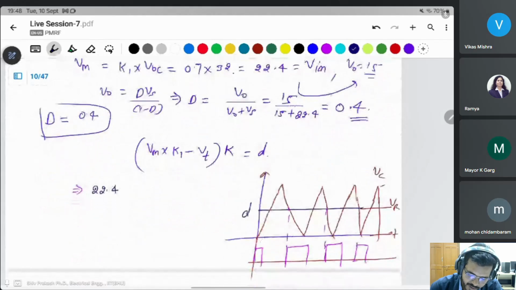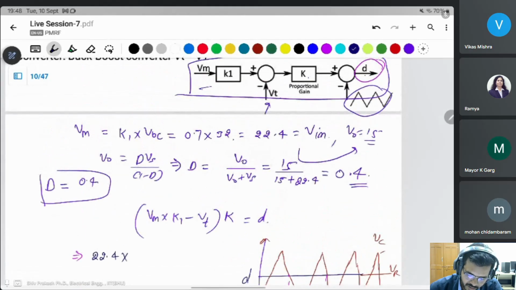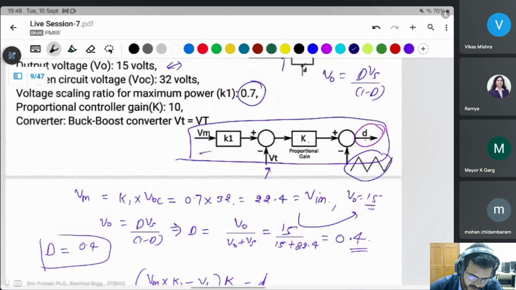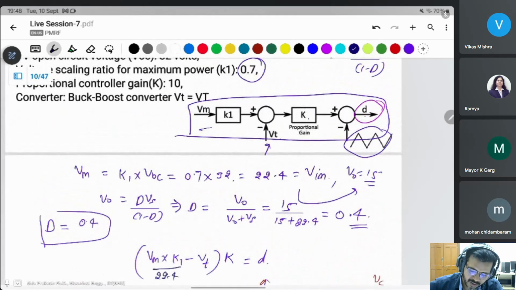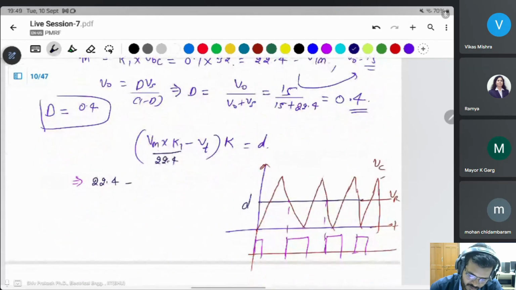Vm into K1. K1 is also given. Okay, VOC is given. Then you can say both of those is 22.4. I think this is the VOC, not Vm. VOC into K1 is equal to Vm. 22.4 minus Vt, you have to calculate this Vt.